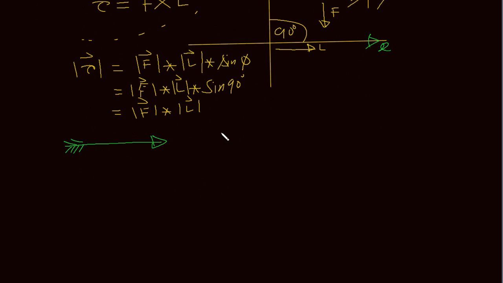If the arrow is pointing at me, I will see it as a point, and when it is going inside the blackboard, I will see the back of the arrow.